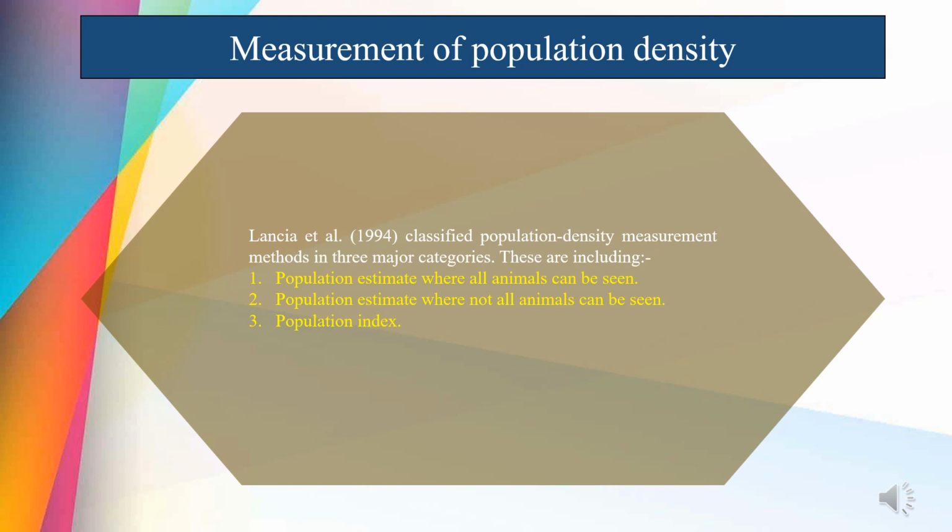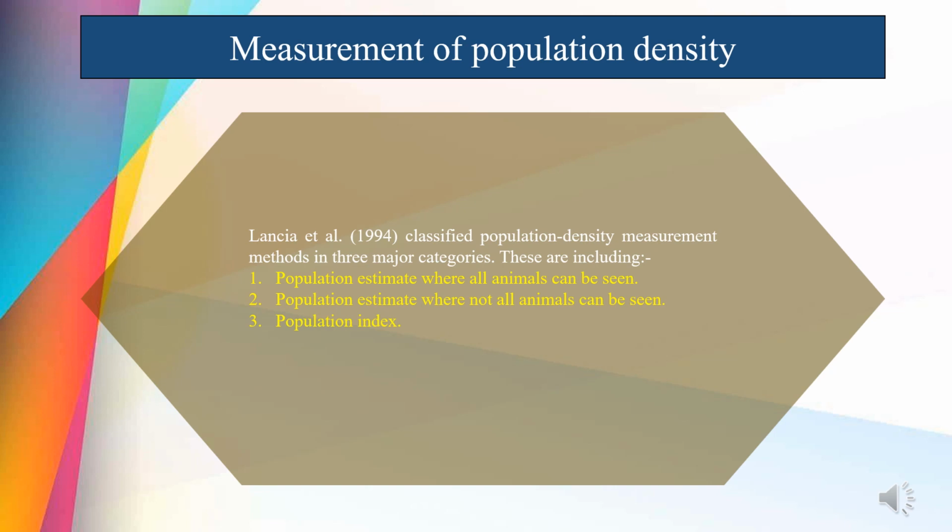Such counts are only possible sometimes with large or conspicuous organisms, for example bison on open plains or whales in an area of the sea, or with organisms that aggregate into large breeding colonies. The method is however not practicable in most cases and other methods are employed.